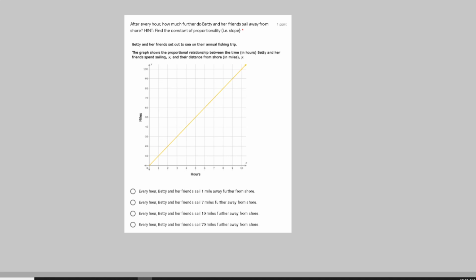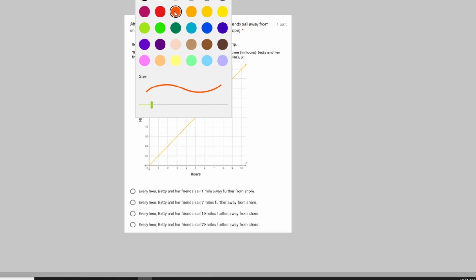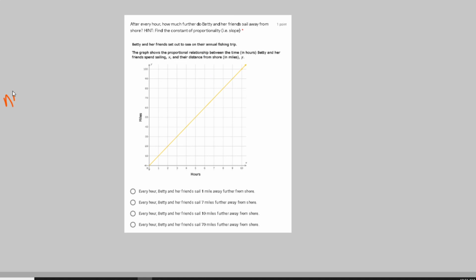After every hour, how much further do Betty and her friends sail away from shore? So really what I'm asking here, I don't ask for it directly, but what I want to know is either the unit rate of this graph, or the constant of proportionality, we said that was k, or the slope, which we call m.